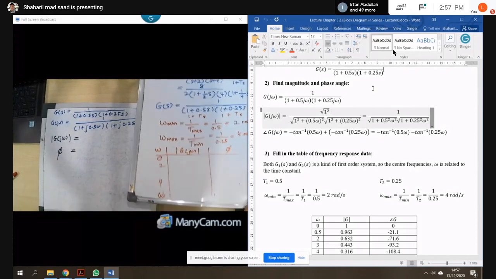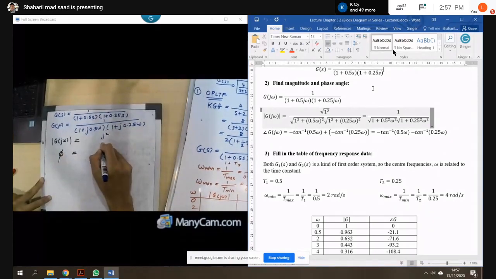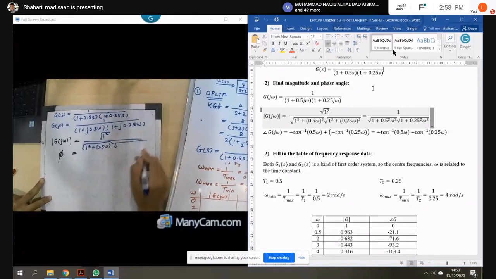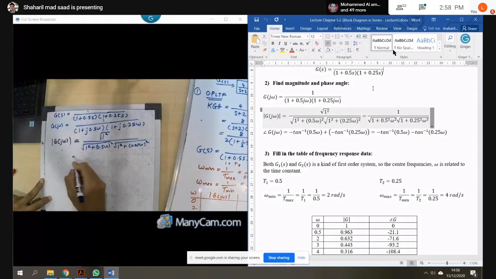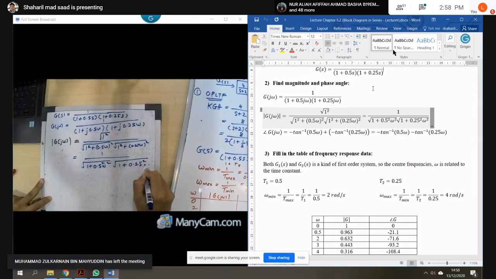Before this, I taught you, for G(jω), we can find 1 over 1 squared plus 0.5 omega squared, times 1 squared plus 0.25 omega squared, and then you can find it is 1 over square root of (1 plus 0.5 omega squared)(1 plus 0.25 omega squared).